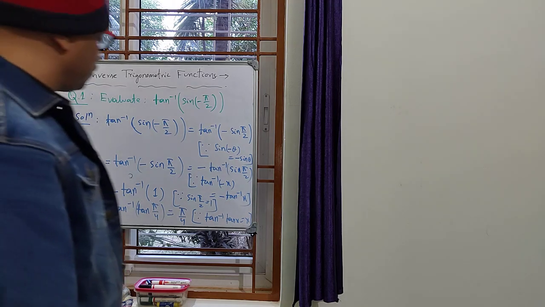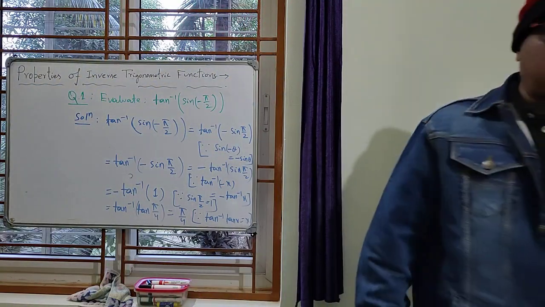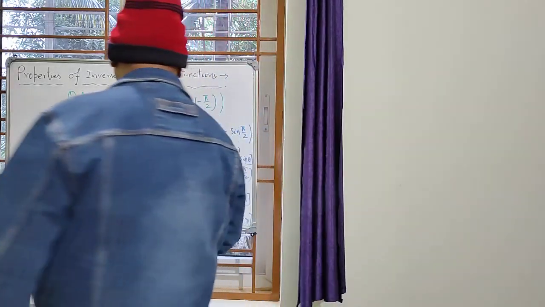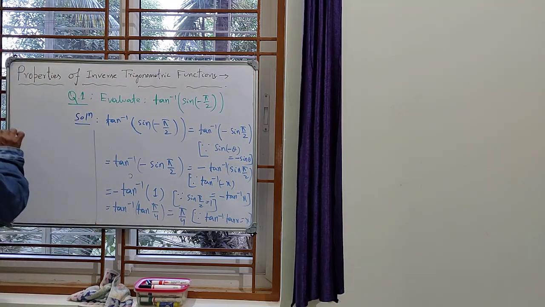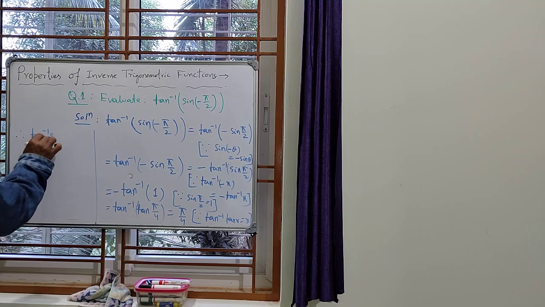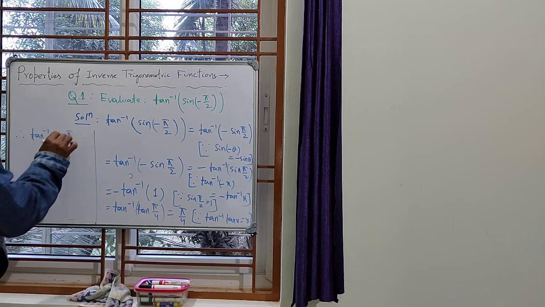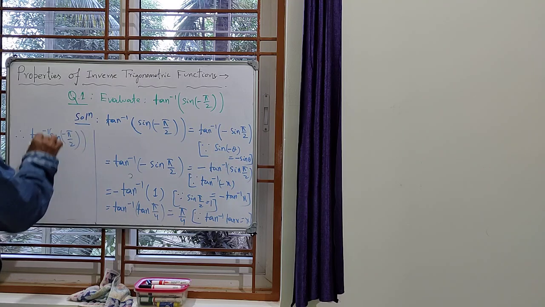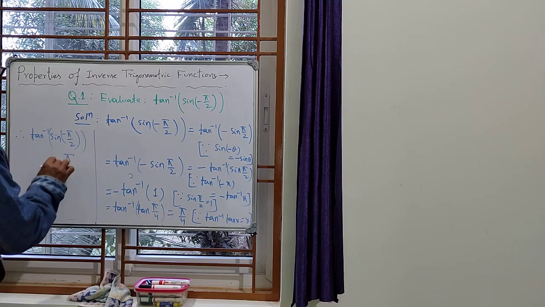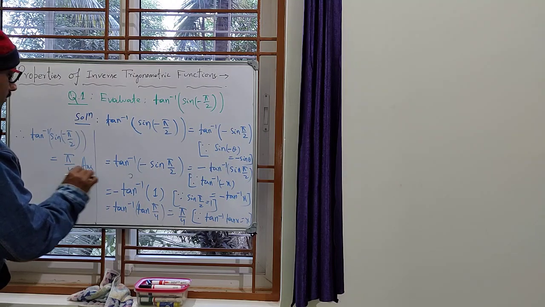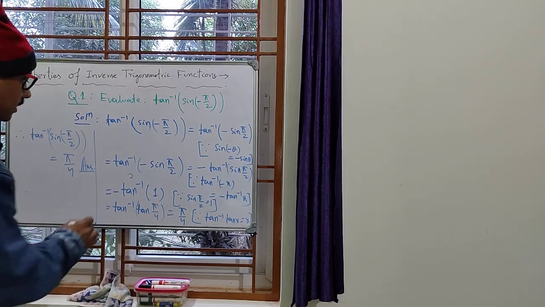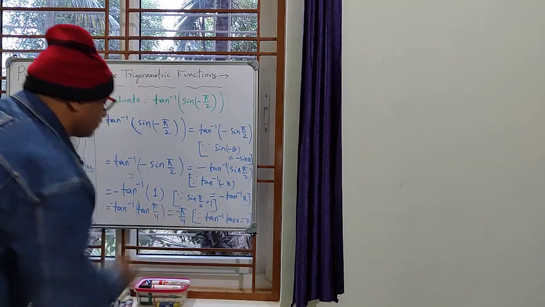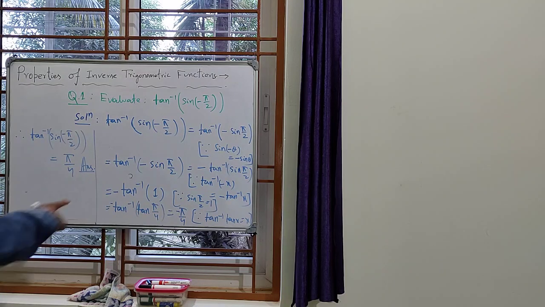This is the actual solution or value of tan inverse sine minus pi by 2. Therefore, we can write tan inverse sine minus pi by 2 equals to pi by 4. This is the required answer. Sorry, minus pi by 4. Sorry, minus over here.